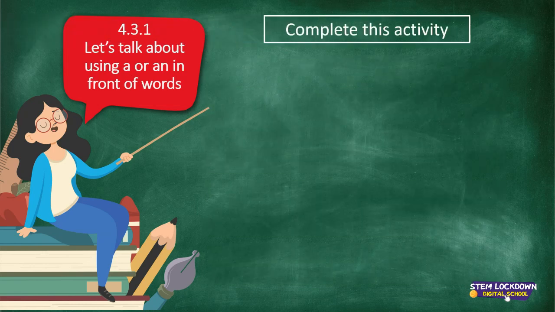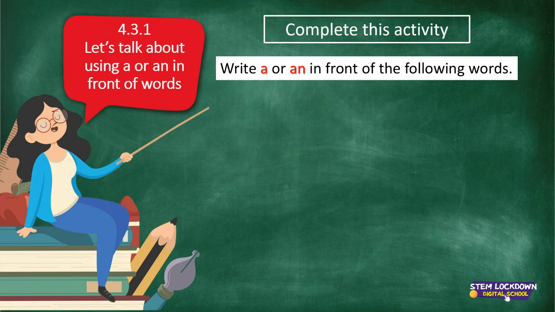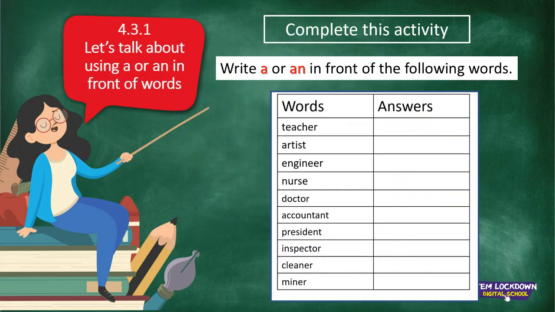Okay. So, write a or an in front of the following words. I just want you to fill in the column and write a or an. Okay. I'll do it with you. Okay, I'm on nurse.